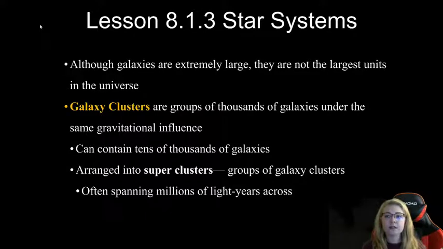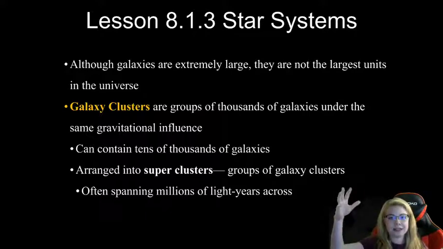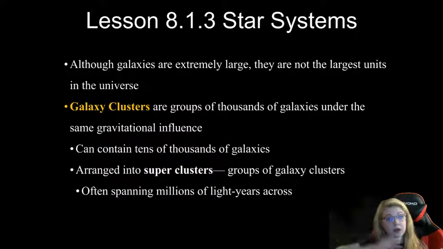And although galaxies are extremely large, they're not the largest units in the universe. So what we mean by that is kind of in size, you know, like people, and then Earth, and then outer space, and the other planets, and then we get stars and galaxies, and we work our way out to get bigger and bigger and bigger. Well, galaxies isn't even where it ends. There's galaxy clusters now, which are groups of thousands of galaxies under the same gravitational influence.